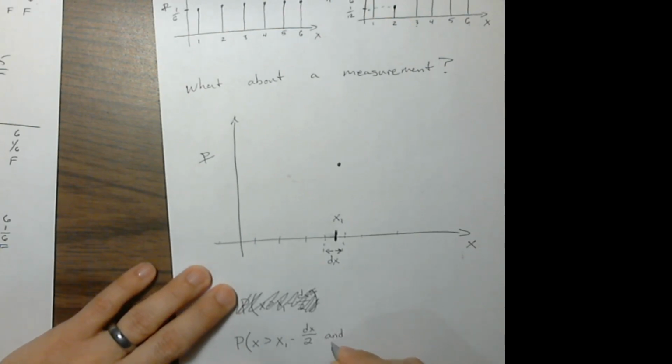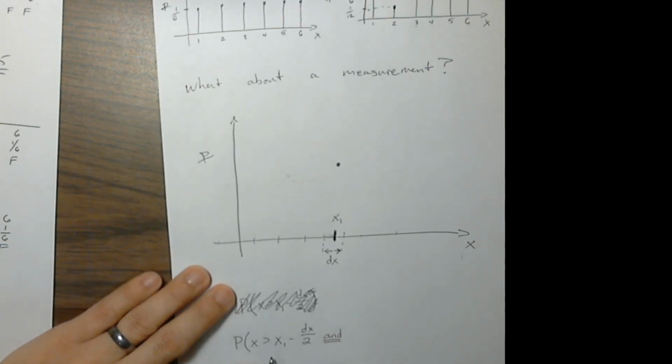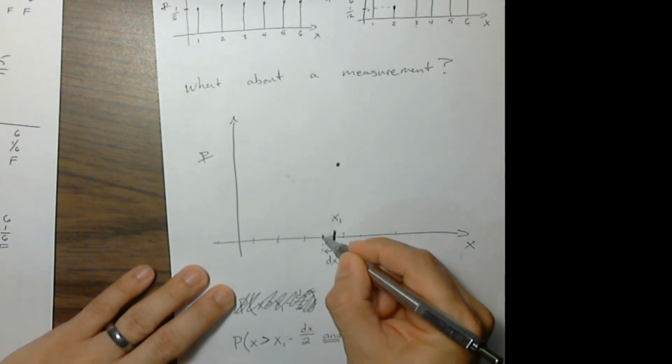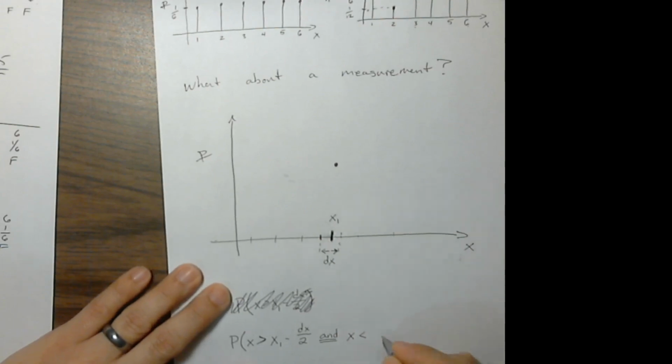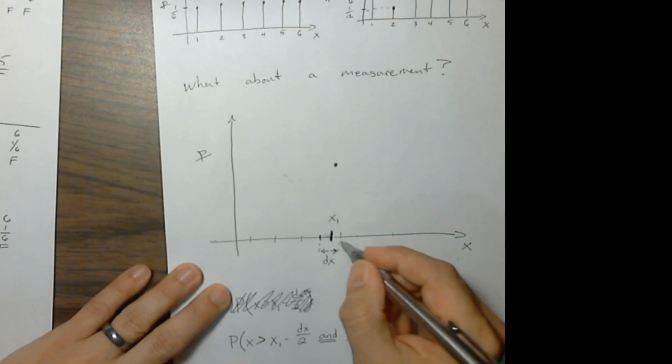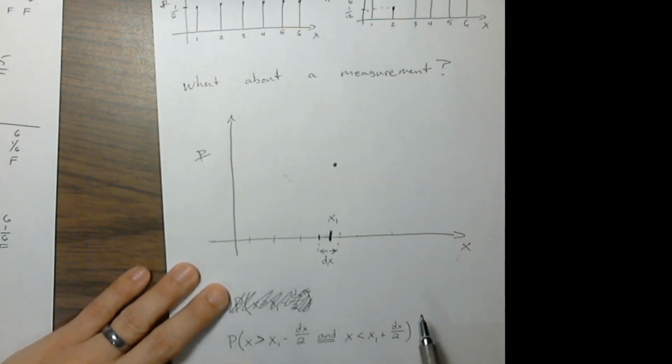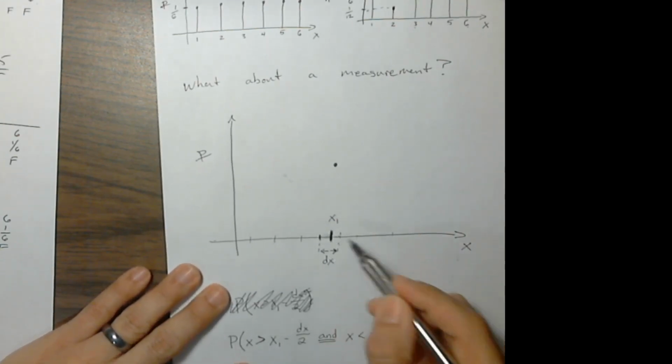And there is better notation for this, but we haven't learned it, so I'm not going to use it. So what is the probability that x is greater than this little limit here, and that x is less than x1 plus dx over 2? In other words, what's the probability that x is in this little tiny range?